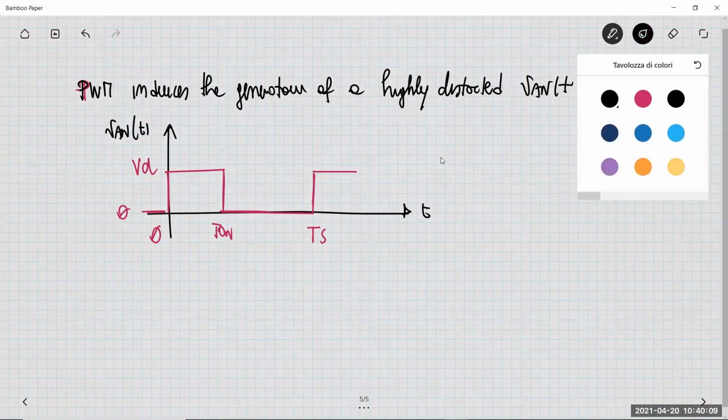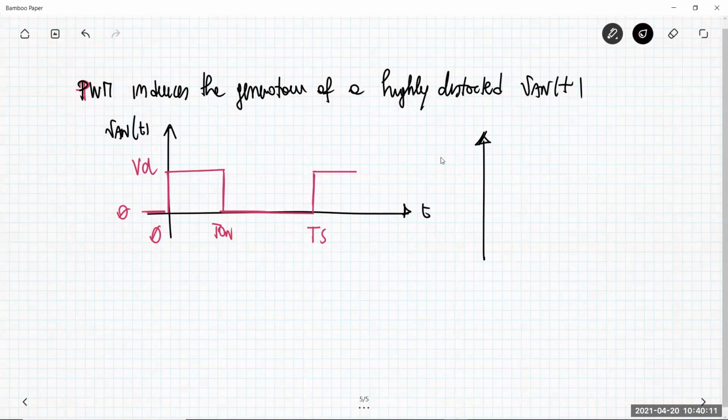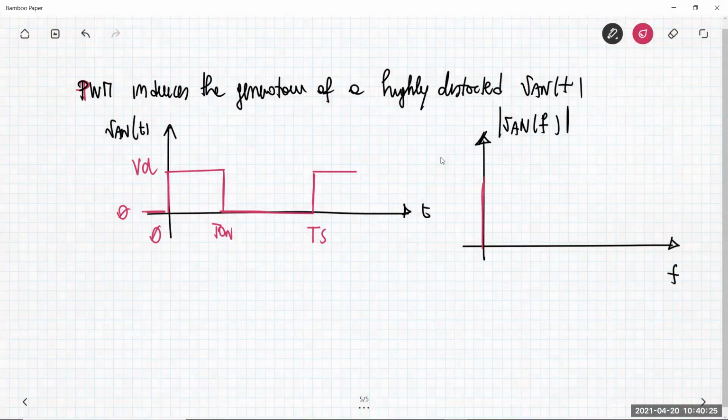If you look at the spectrum, so the distribution of the sinusoidal components of this waveform, you can see that you have a DC component at frequency 0, that is the average value.